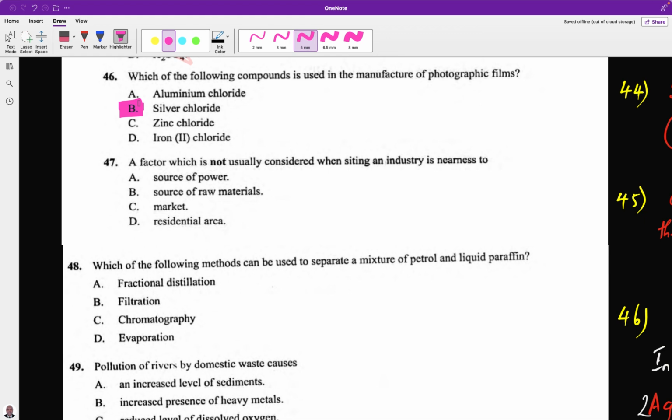That is why it is very important to take environmental protection into consideration when citing an industry. So the factor that is usually not considered is residential area, which is D.